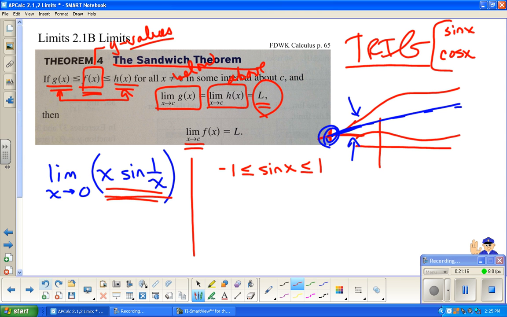Always. So we're going to start with that function, and no matter what is inside, sine is still going to have answers between -1 and 1. So I can even do sine of 1 over x, and it'll be between -1 and 1.